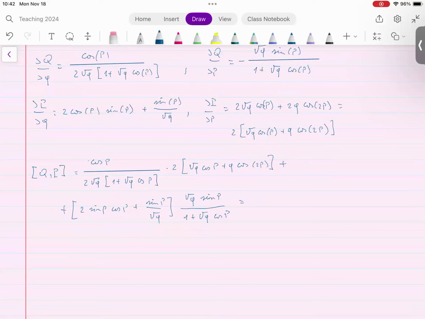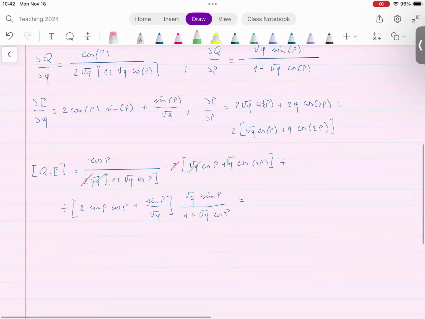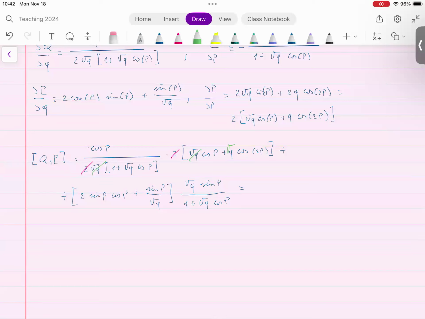Okay, a little bit of work, but at least we get this part, and we do get this part where this cancels this, and this becomes a square root. And then the denominator is the same. So we have cosine square of p plus the other piece with the cosine.